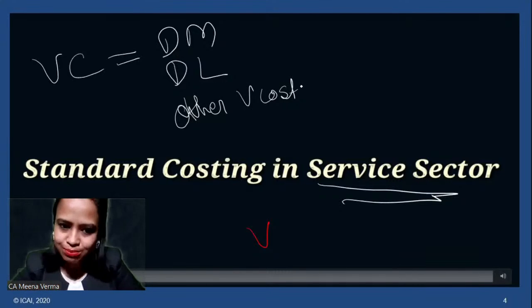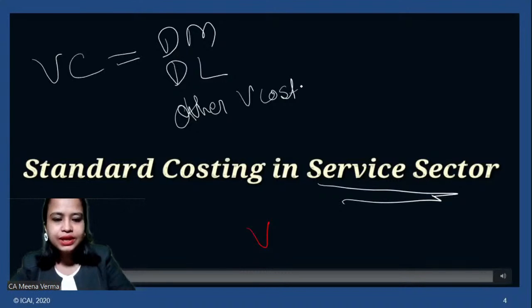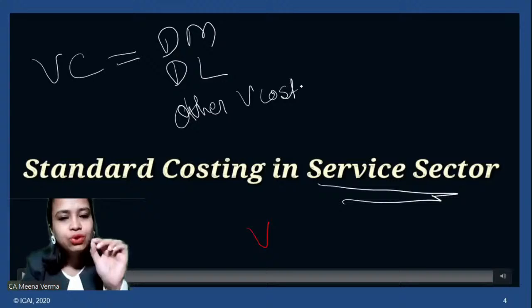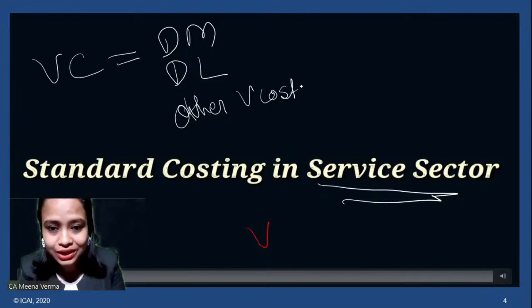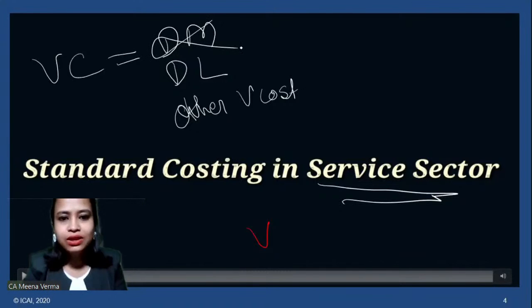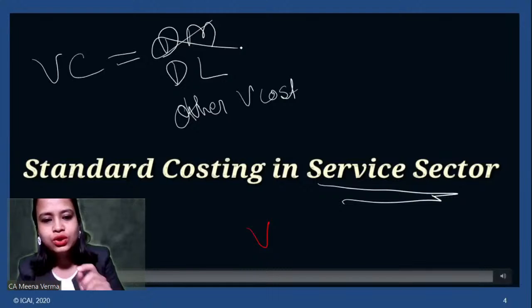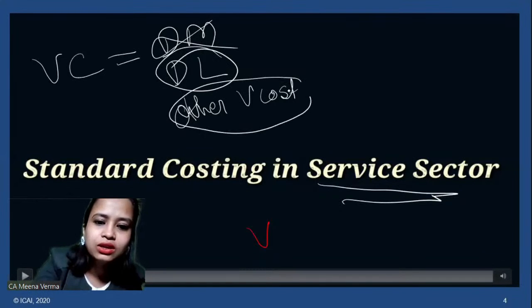They include direct material cost, direct labor cost and other variable cost. ठीक है? But in case you provide any kind of services like a chartered accountant, like an advocate, they provide services. Obviously, they don't use material. ठीक है? So in their case, you need to consider either the direct labor or other cost.